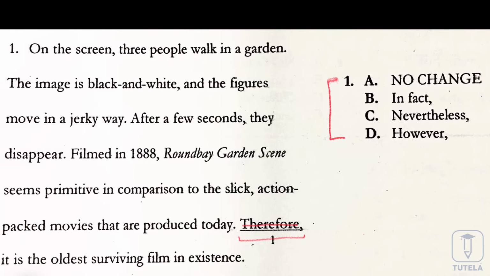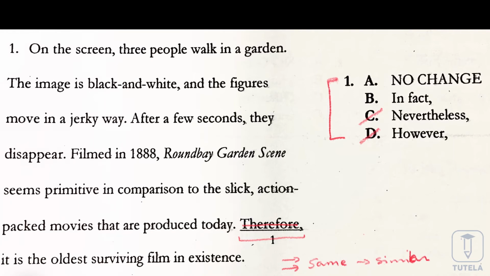Now, what we can understand is both the ideas here are moving in the same direction. Since this is moving in the same direction, they are similar ideas, right? Because they are similar, we can go forward and eliminate the contradictors. So we have "nevertheless," which is a contradictor, and "however," which is the other contradictor.